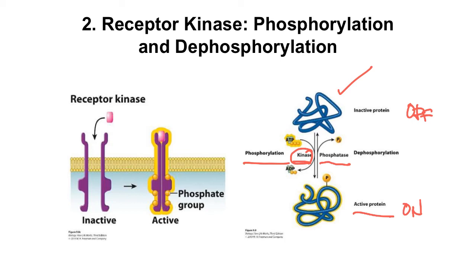Now, receptor kinases are a very special type of kinases because, as you see, their organization is that they are integral membrane proteins, and they also have, again, the extracellular domain, the transmembrane domain, and then the cytoplasmic domain.